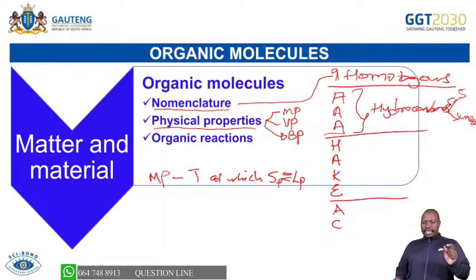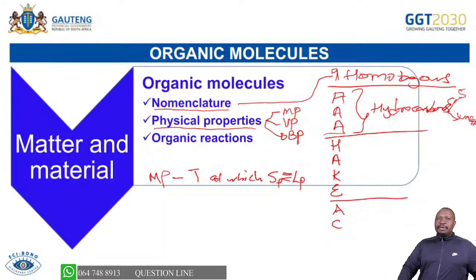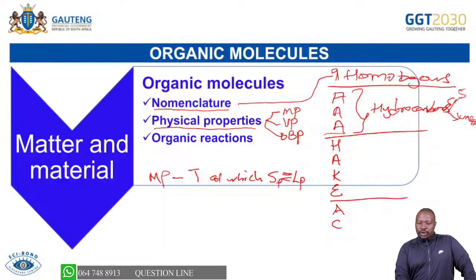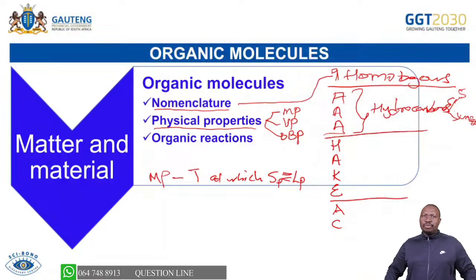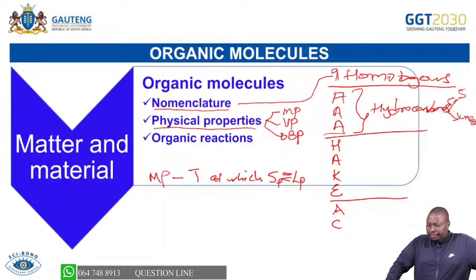So always remember that there is an equilibrium at the melting point. You write in full words so that you are able to get your 2 marks. I hope the way I simplify that definition, you will be able to remember it.